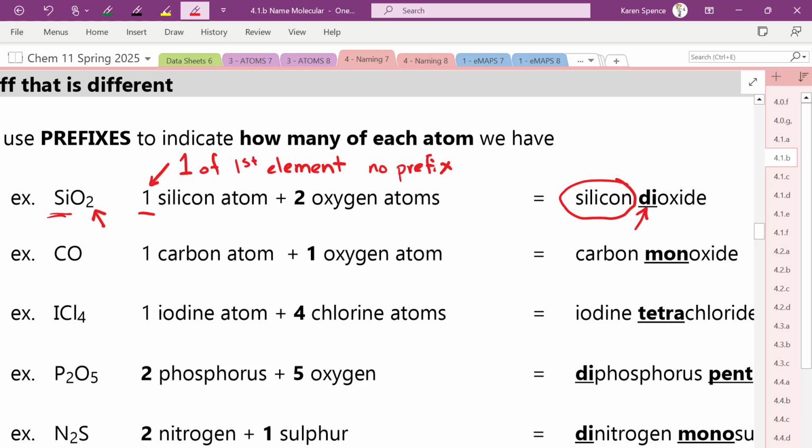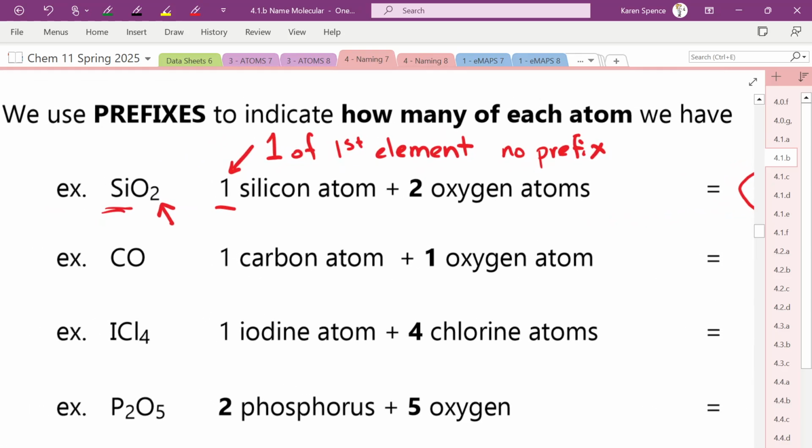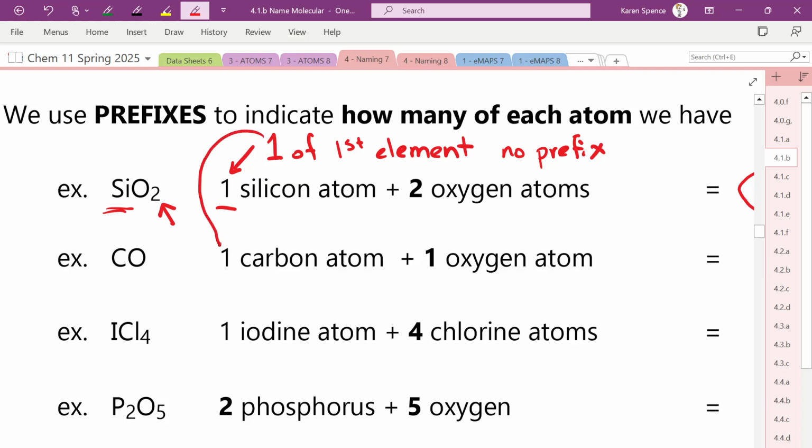Are we worried about balancing charges? No, because there are no charges. They are covalently bonded. Now, remember, if we have one of the first element, there's no prefix. But what if we have one of the second element? Mono.